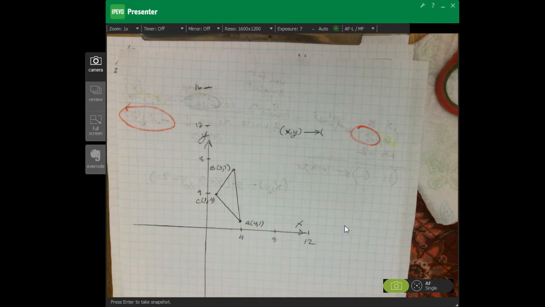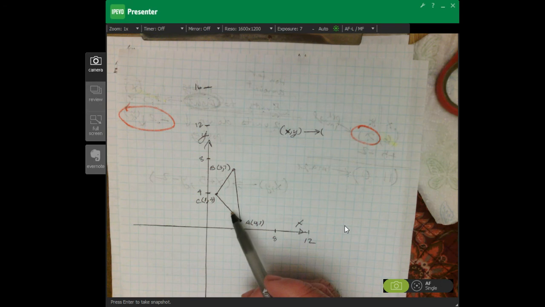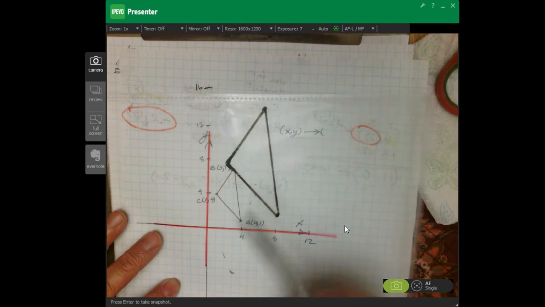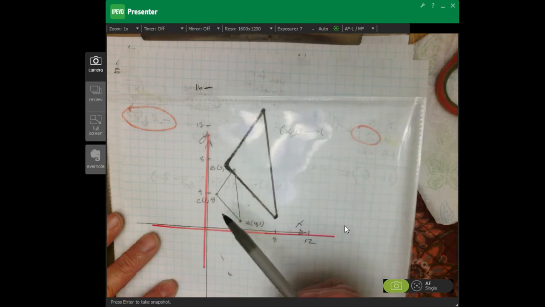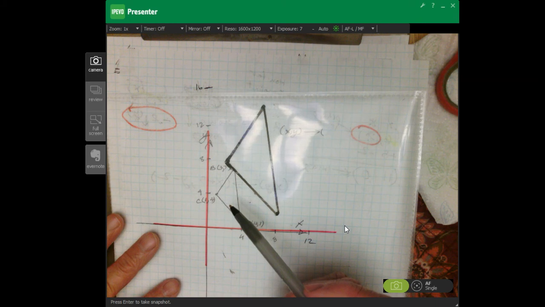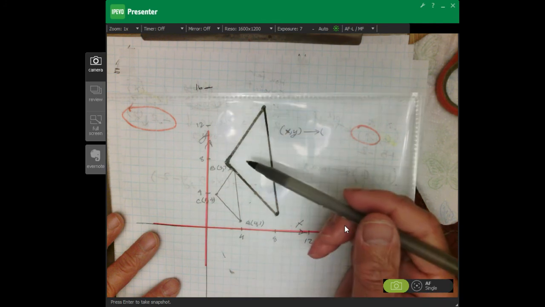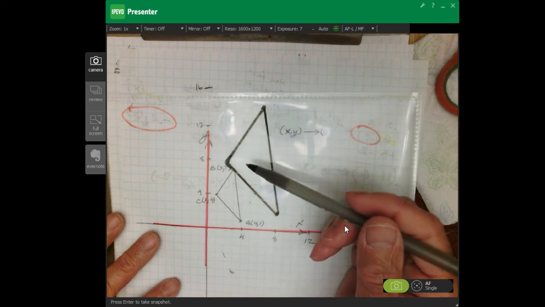So basically, we start off with a shape like this, and then a stretch will look something like that. When we dilate it, we dilate it with respect to a point, and depending on where the point is, that will determine what the dilation looks like.